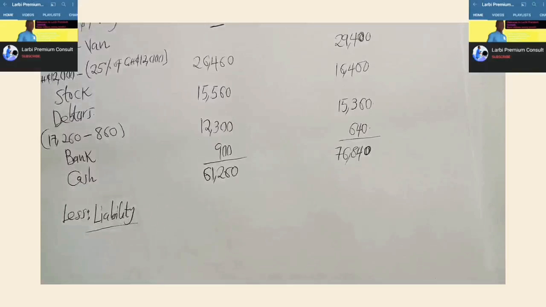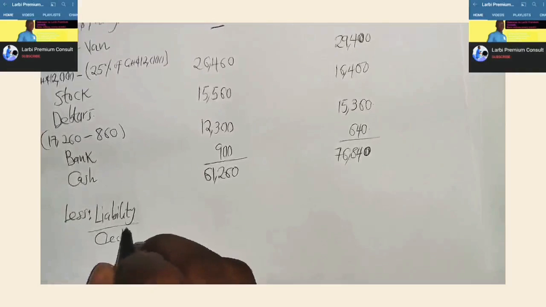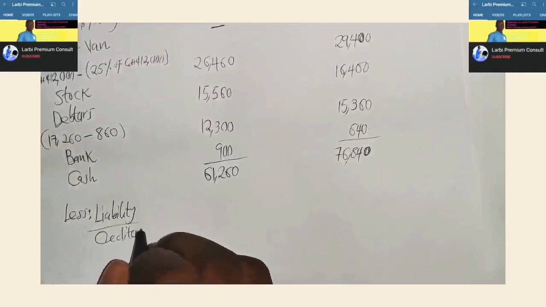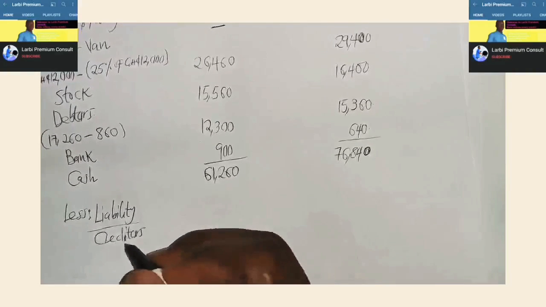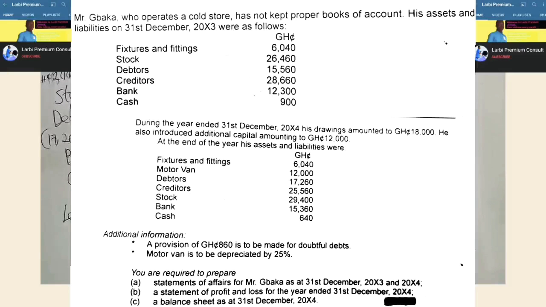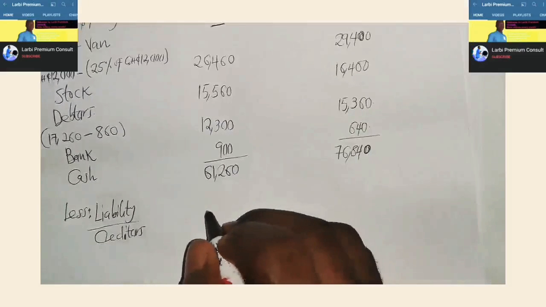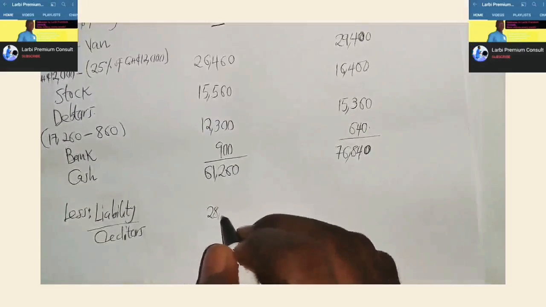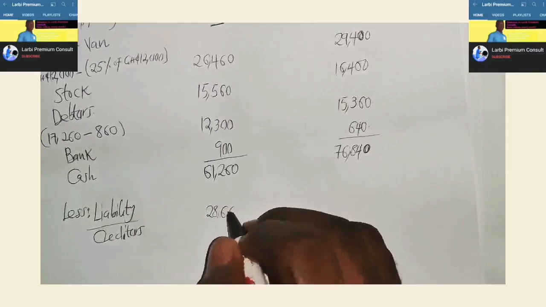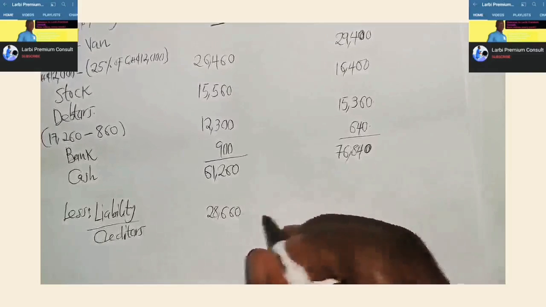So you can see that wasn't a long-term liability, but we're having what, a short-term liability, which is what? Creditors. So was there any credit balance as at the beginning 20x3? Yes, a credit balance of what? 28,660. What about the end? We also have 25,000.